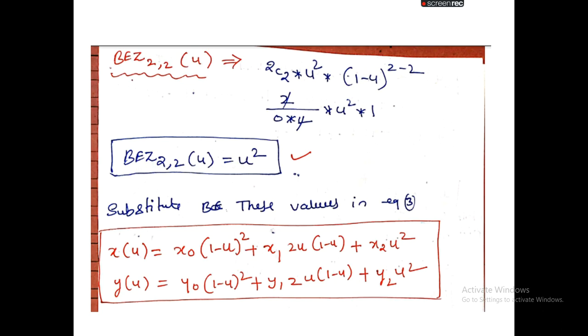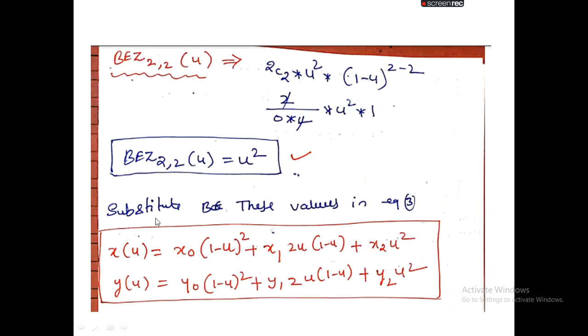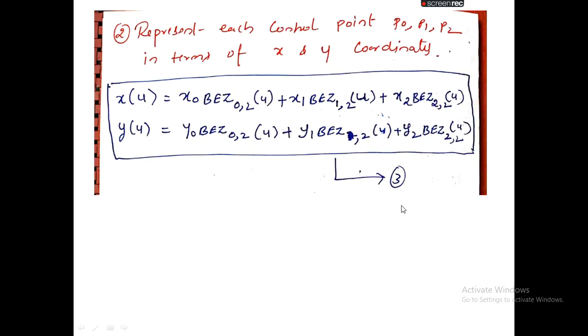So I will repeat. I calculated the basis function or blending function for 0 comma 2, for 1 comma 2, for 2 comma 2. Now after calculating the blending functions, I would like to substitute these values in equation number 3. Try to see equation number 3.